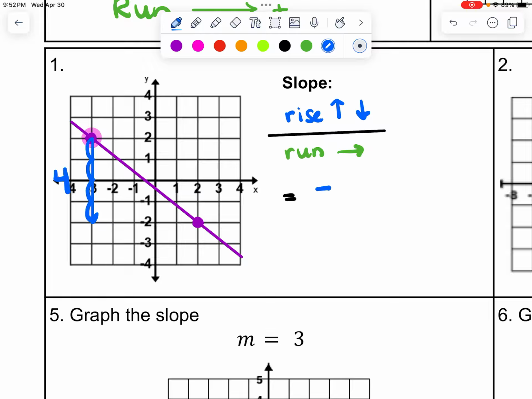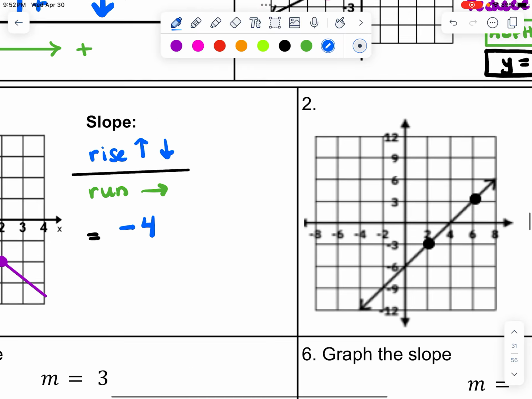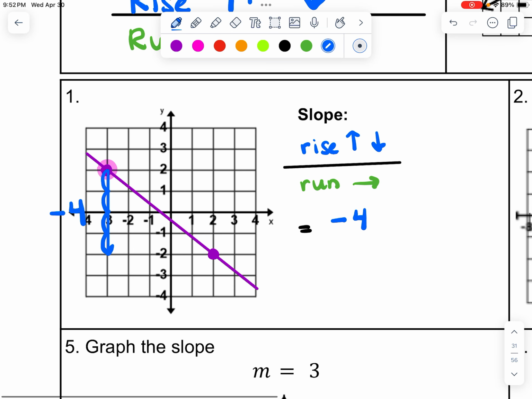So I'm going to write -4 because I went in a downwards direction on the top of my fraction. On the bottom of my fraction, I need to slide to the right until I land on top of the second point. And then I'm going to ask myself, how many spaces is that? If I count those spaces, it's 5 spaces.